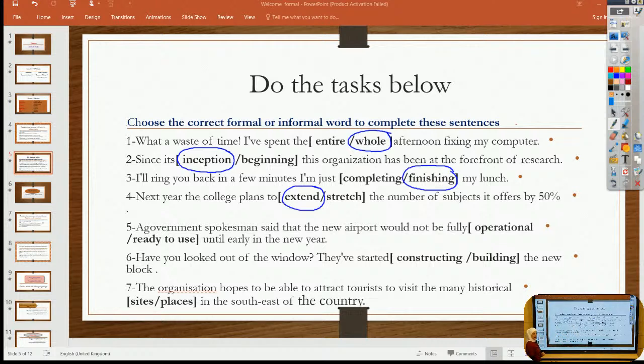Now number 5, a government spokesman said that the new airport would not be fully operational or ready to use until early in the new year. Here I think it's clear. We have government. So it is formal. I choose operational.